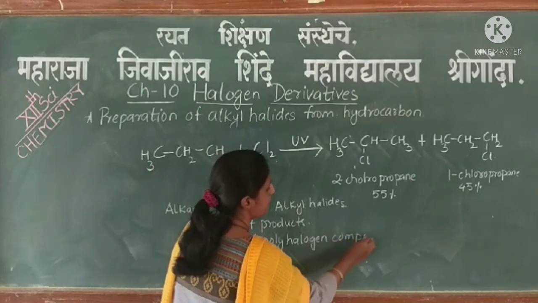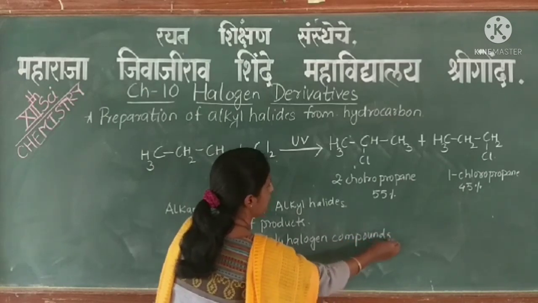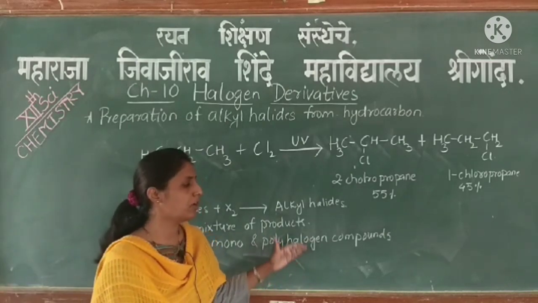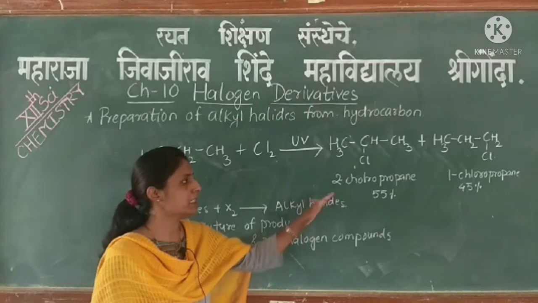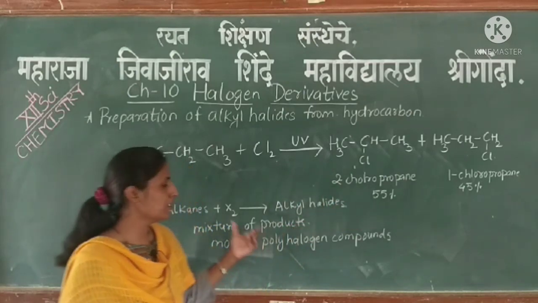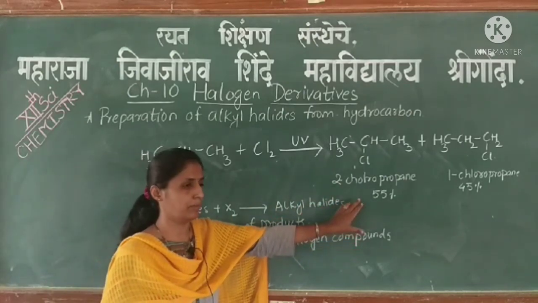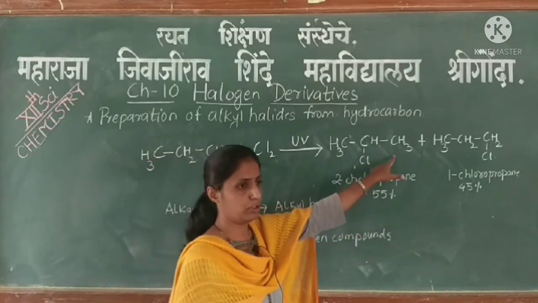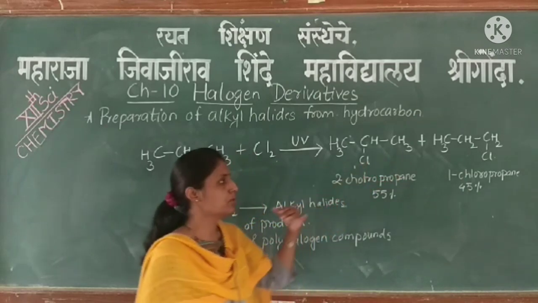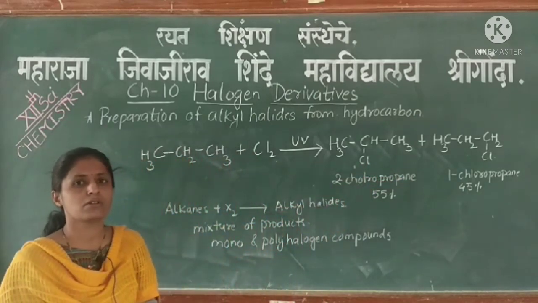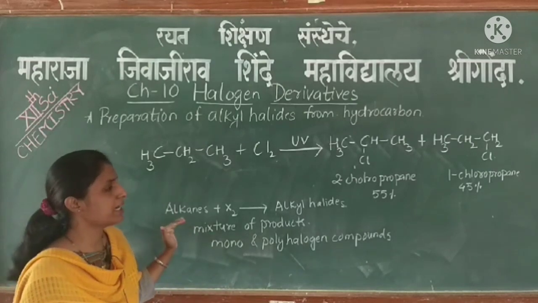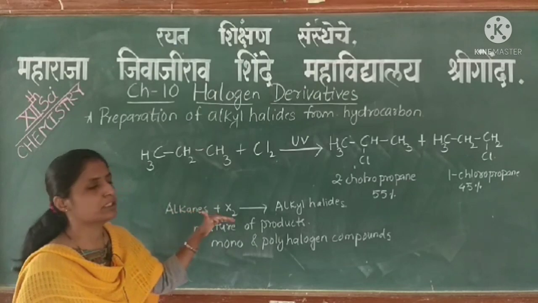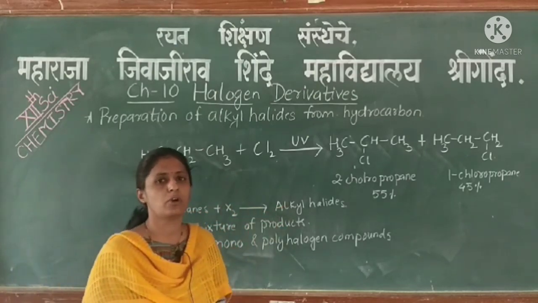In the previous example, we got polyhalogen compounds, and in this reaction the product obtained is a monohalogen compound, but it is a mixture. At both positions the halogen can be substituted. So that's why this reaction of alkanes with halogens to obtain alkyl halides is not preferable.